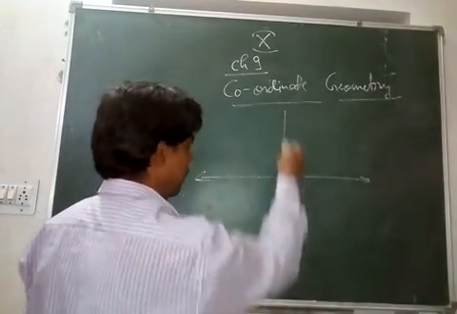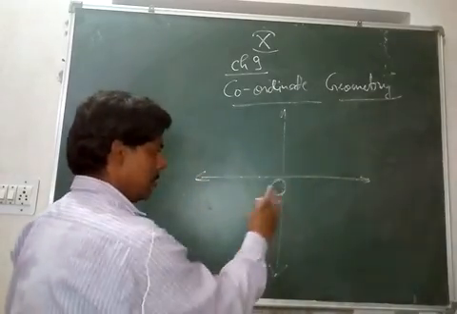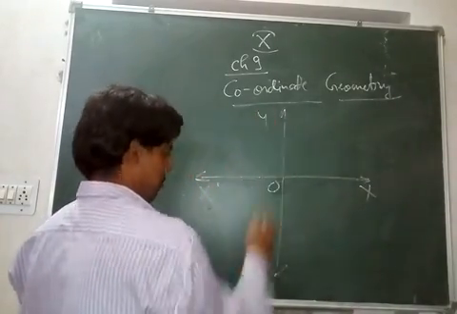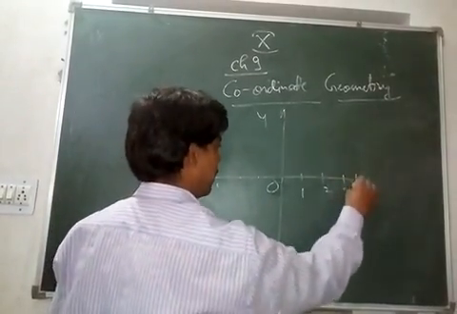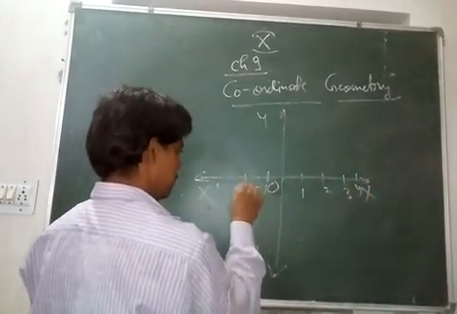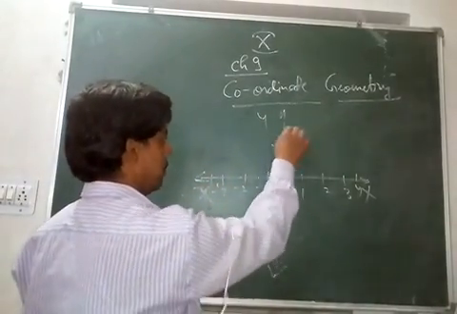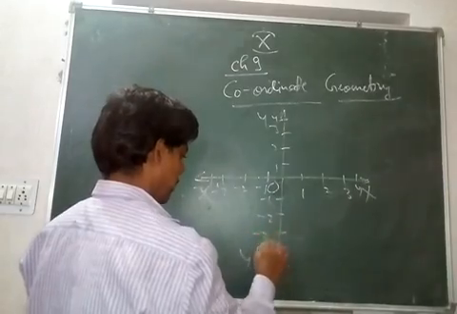All of you know x-axis, y-axis. While drawing the graph you have done this. So this is the origin, okay? This is x, x dash, and this is y, y dash. Now these are points 1, 2, 3, 4 and like that. This is -1, -2, -3, -4. This is 1, 2, 3, 4. This is -1, -2, -3, -4.